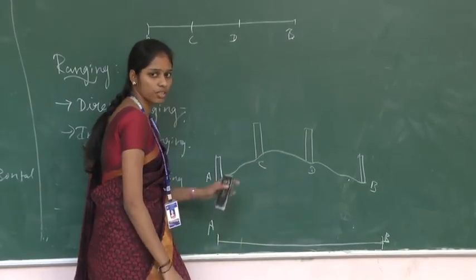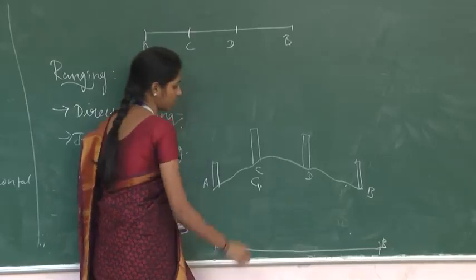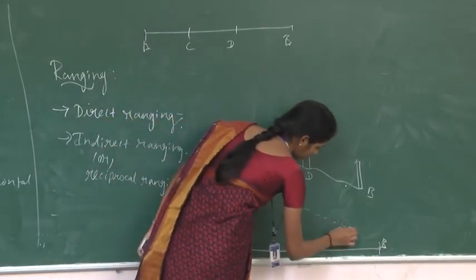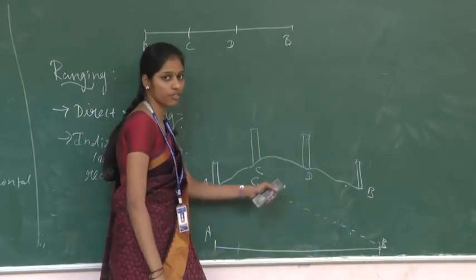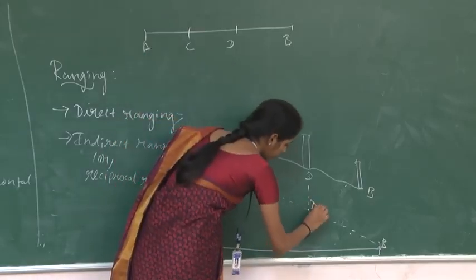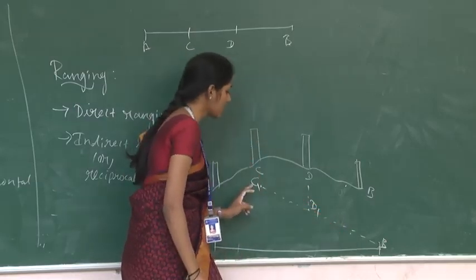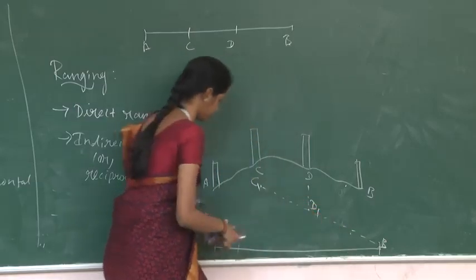We have to ask the person from C to move forward to the point C1. And we ask the person from D to move to the point D1. D1 should be visible from B and it should be in line C1B.